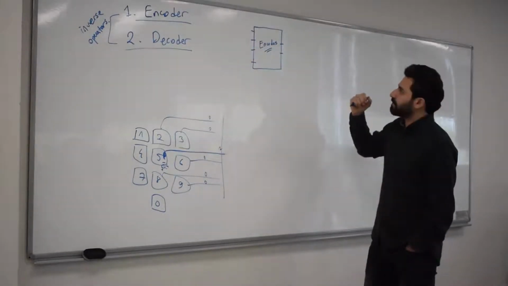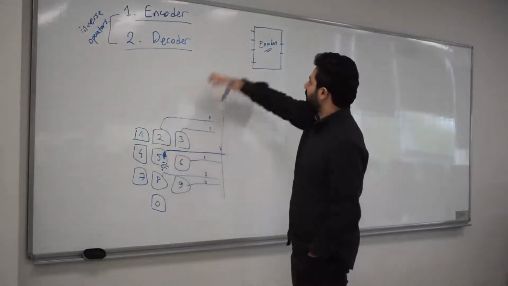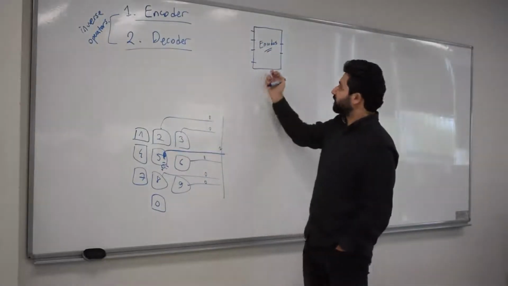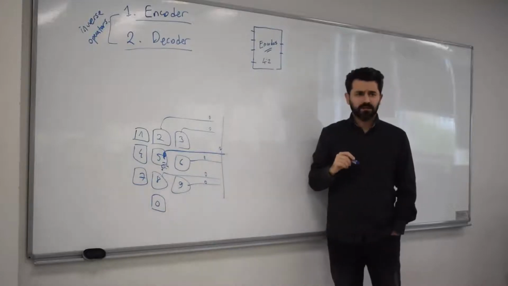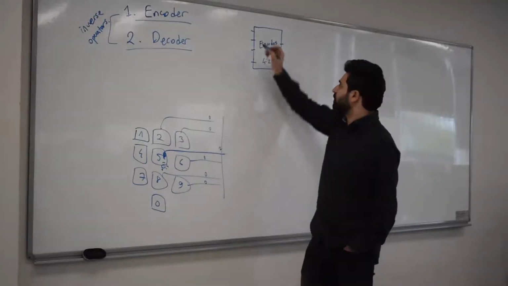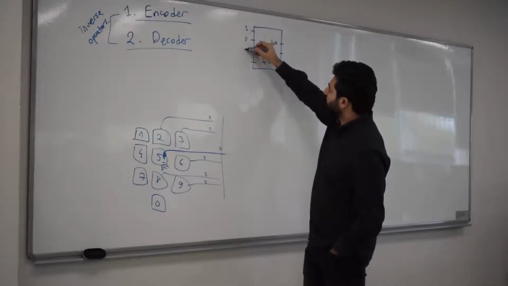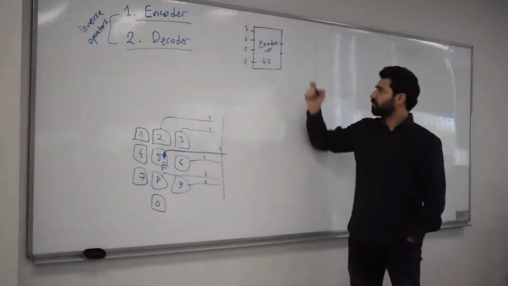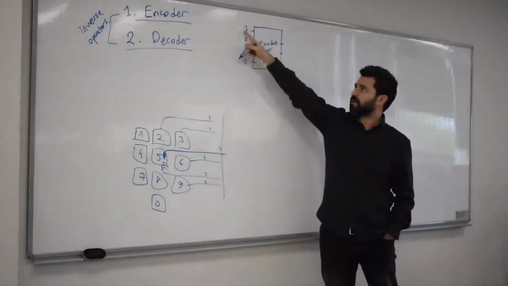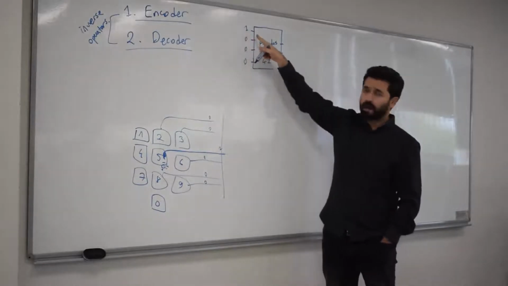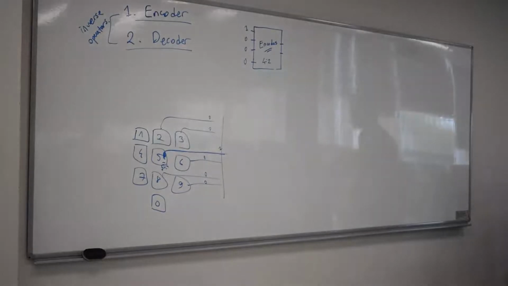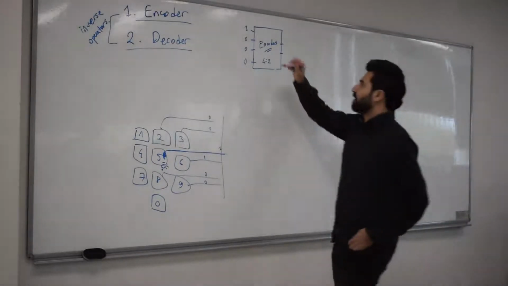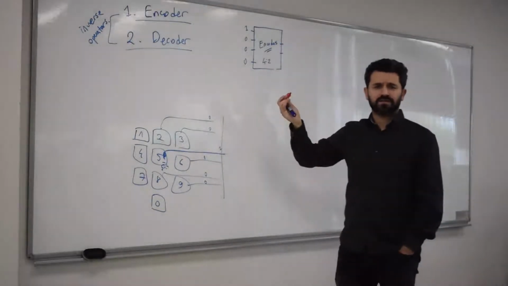For example, let's suppose that there are 4 buttons for this particular encoder, a 4 by 2. Only one of them is 1, for instance this one, and the rest are 0. The encoder generates the code word that corresponds to this one, the top one, and we usually use binary encoding, remember? Unless this encoder is some other kind of encoder.